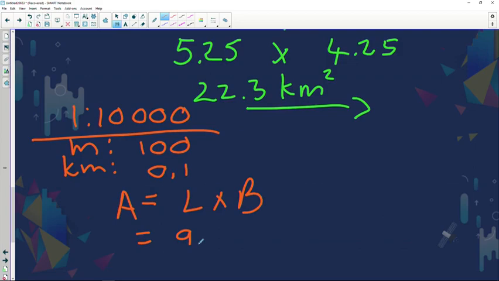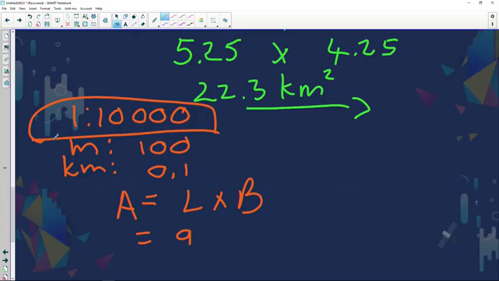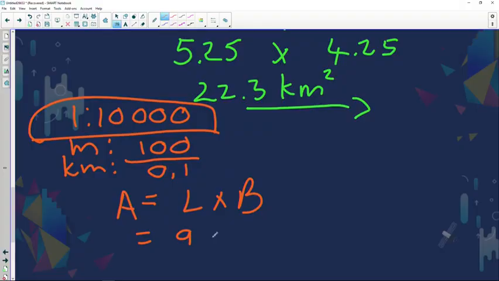Now remember, the map that we used was the orthophoto, and it consists of a different scale, 1 to 10,000. So if I want my answer in meters, I'm going to use 100. So it's 9 times 100, and then 4.5 centimeters wide times 100.